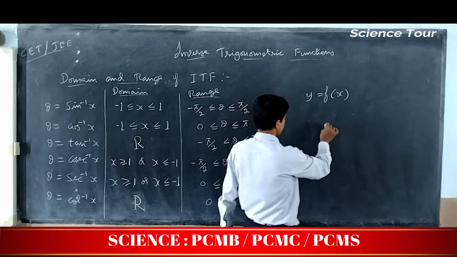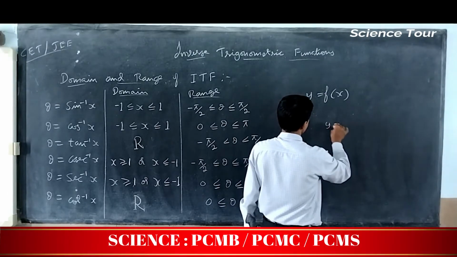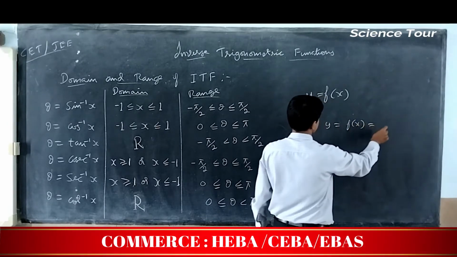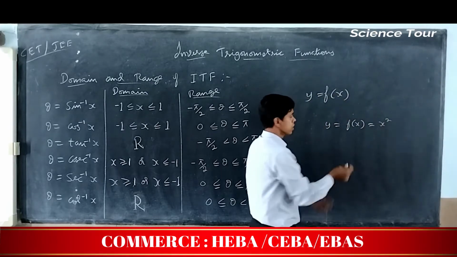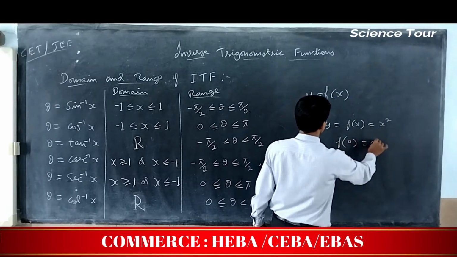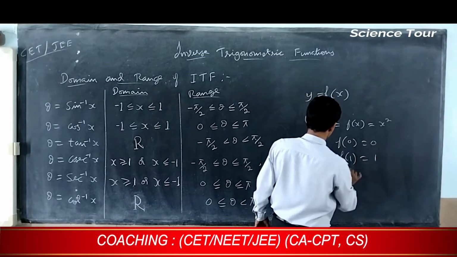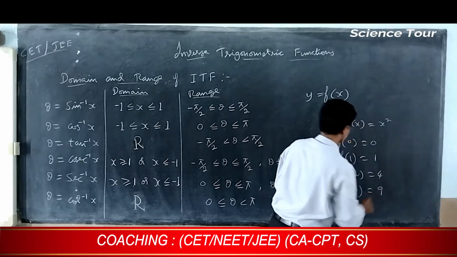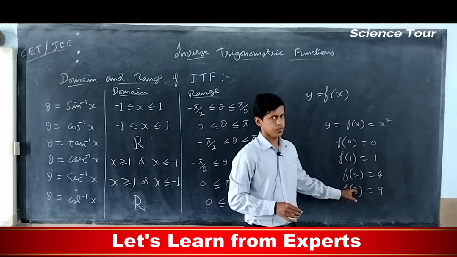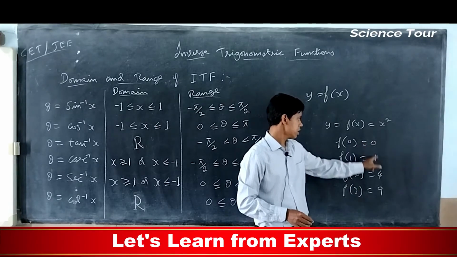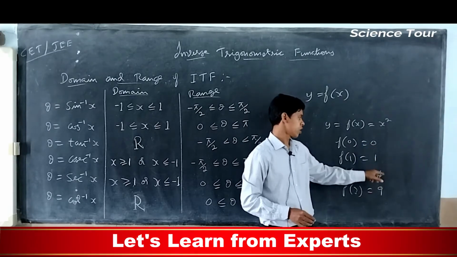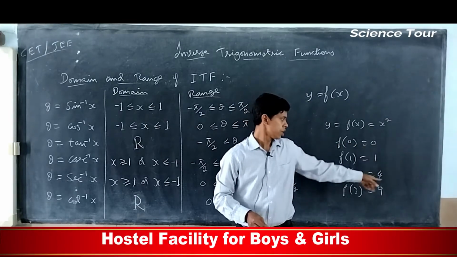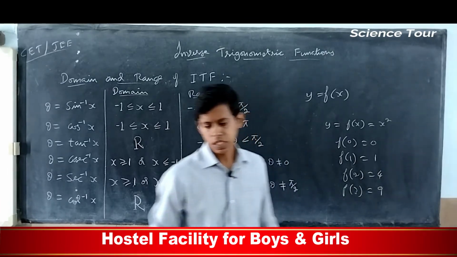For example, if you have y is equal to f of x is equal to x square, you write f of 0 is equal to 0, f of 1 is equal to 1, f of 2 is equal to 4, f of 3 is equal to 9, and so on. These are the domain values, and these are the range values. So 0, 1, 4, 9 and all that. If you are talking about the whole numbers or integers, then you have only those values in the range.